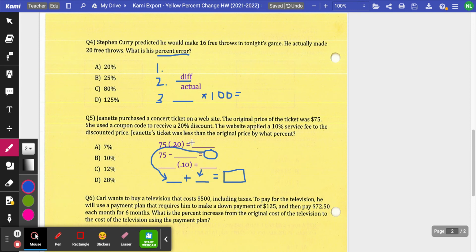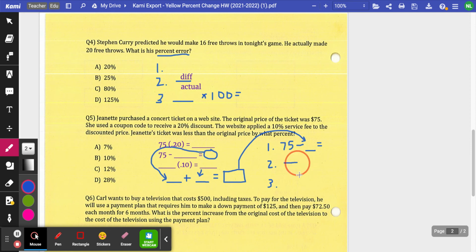Then from there, you're going to figure out the percent change. So this is where you'll do the 3 steps: 1, 2, 3. You'll take that 75 and minus it by whatever you got over in the box.